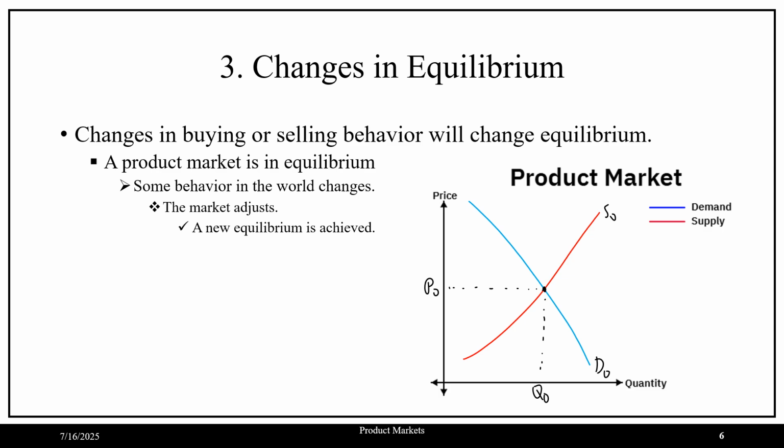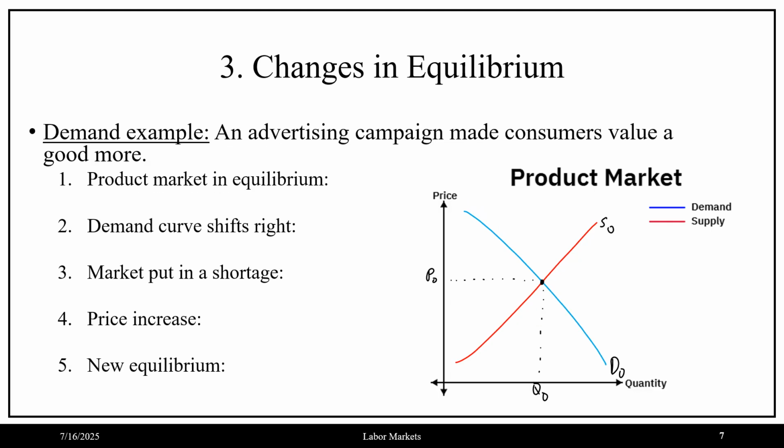So the way that we'll do this is we'll do two examples. One example with a change in demand, and one example with a change in supply. Okay, so let us start with our demand example, and I will use purple to draw our second demand curve. Suppose that we're considering some good or service, and there was a successful advertising campaign that made consumers value the good more.